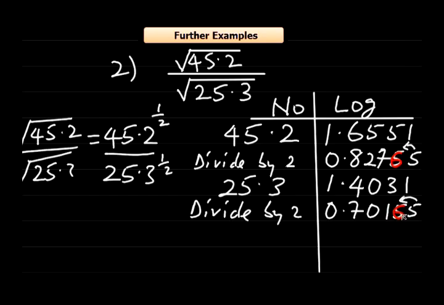So this is 6. Then the next thing we are going to do is to subtract their logarithms, because this is division. Look at it, the numerator is dividing the denominator. So after checking their logarithms, we subtract, because this is division.